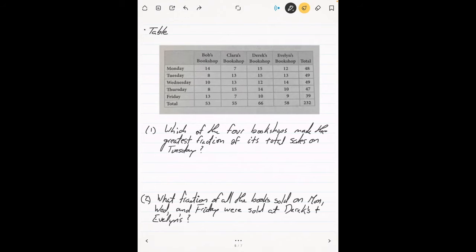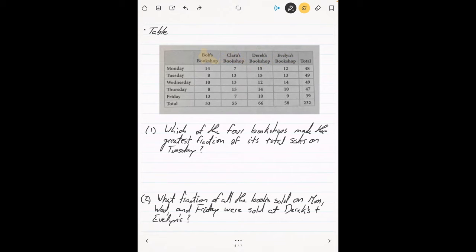Let's take a look at an example now where we have to interpret information from a table to help us answer different questions about specific data points that we have throughout the table. So, before we begin, I want us to understand what this table is telling us. We have 4 different bookshops here: Bob's, Clara's, Derek's, and Evelyn's.